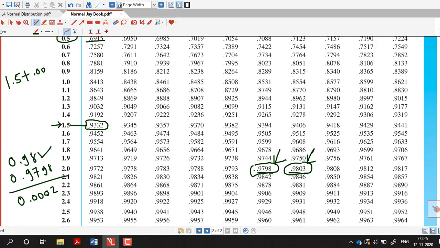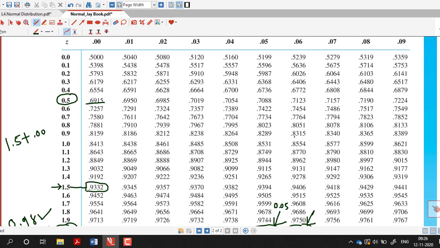Now we find out the corresponding z value. In the row it corresponds to z equal to 2, and if we go across, this is for 0, this is for 0.01, 0.02, 0.03, 0.04 and 0.05.